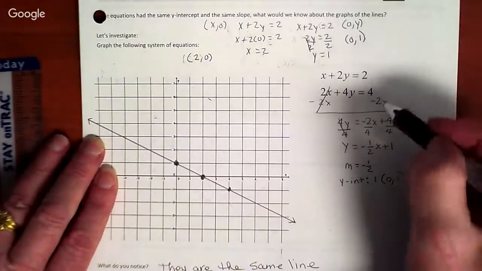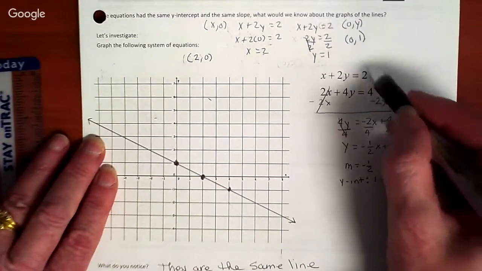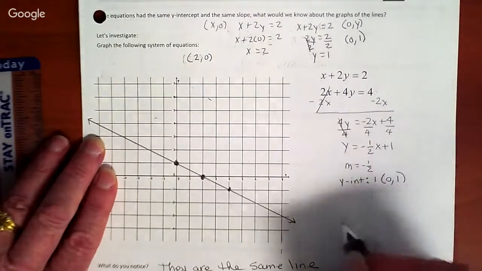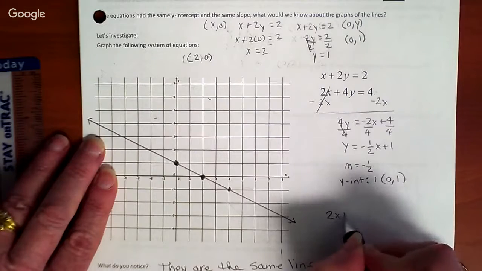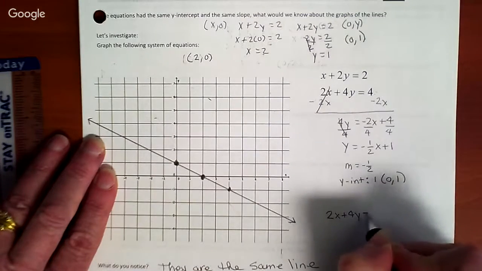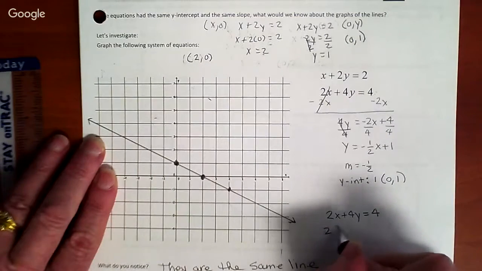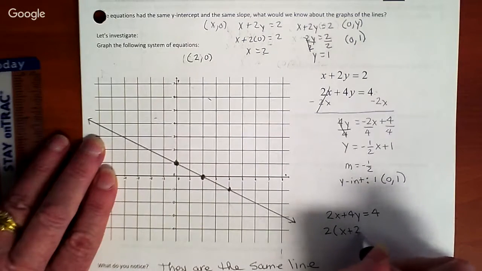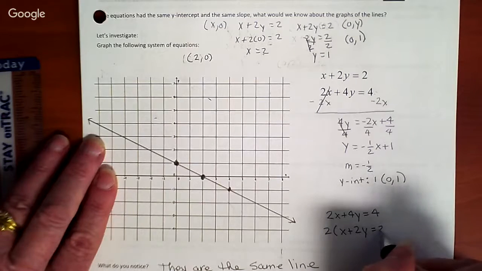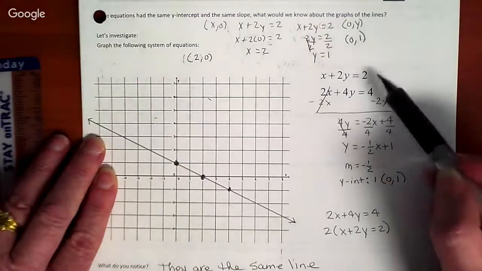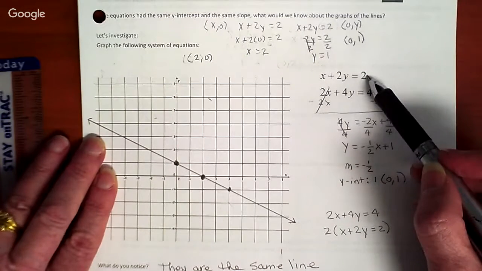All right. And the way that we could tell here, and actually without graphing this, if you notice this, what I could do with that is I could pull out that 2. And it's the same as this equation here. It's basically the same.